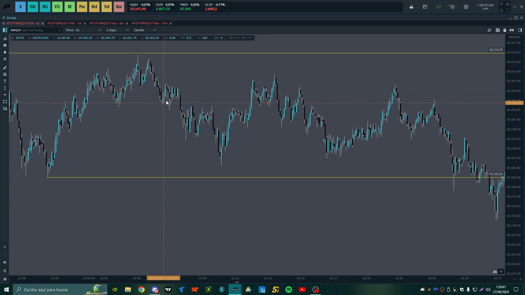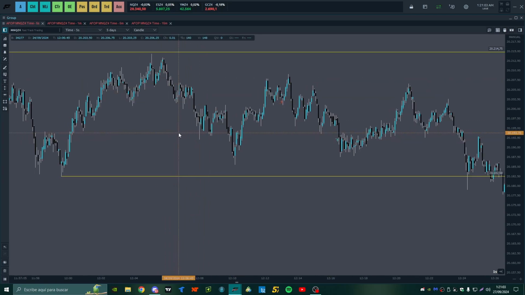So the price came to it and respected it constantly. So the bullish rejection failed to take the high, and the complete pattern failed as well. So the price is cancelling the possibility that a bullish setup is working.